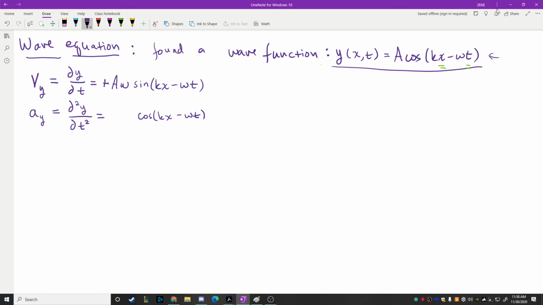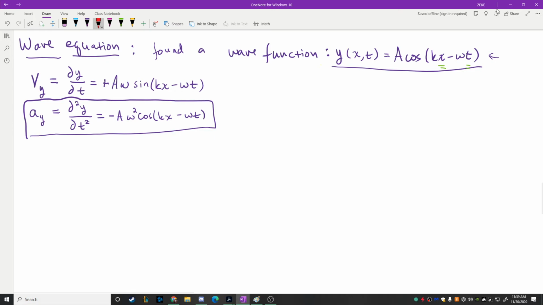But we have to take the derivative of the inside as well. So we're going to end up getting another omega, so we get omega squared. And then we have a negative sign now. So we're going to stop right there. That gives us the y component of velocity and the y component of the acceleration.